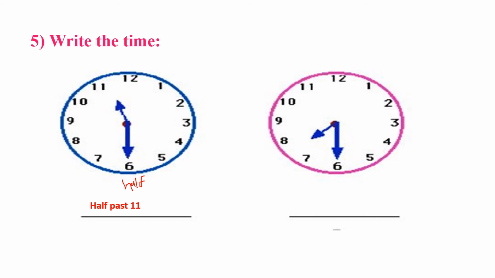Now we have another example. The long hand is at 6 and the short hand is at 7. Let's write. 12 represents o'clock, and 3 represents a quarter.